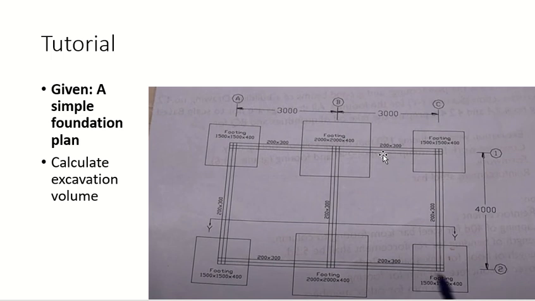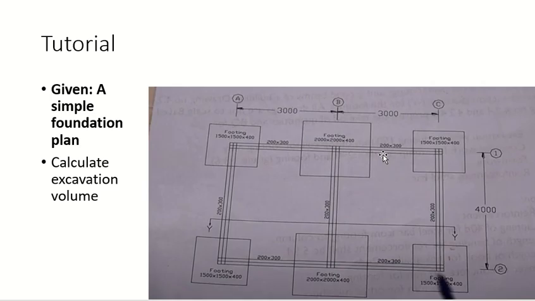Here is my footing. What is this much? 1500, and 1500 on the other side as well. What is 400? The third dimension, but for the footing. But I'm calculating excavation, not footing concrete, right? So I will not consider 400. I'll consider how much I have to go down. So this is 1 meter.